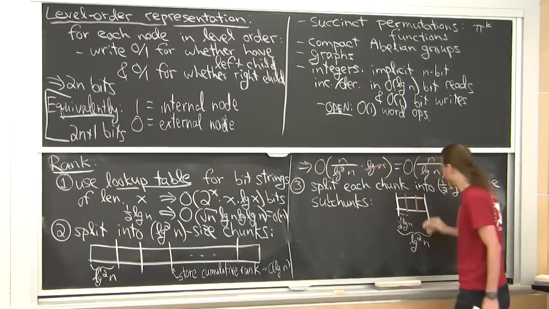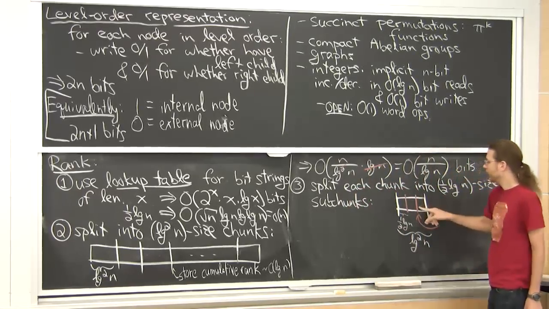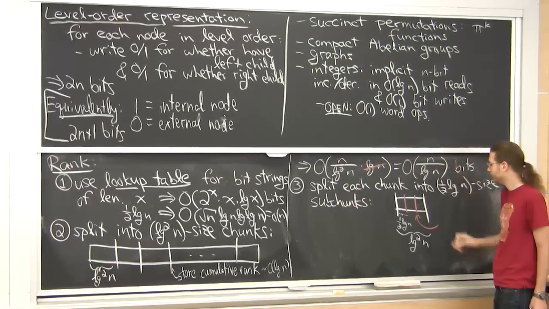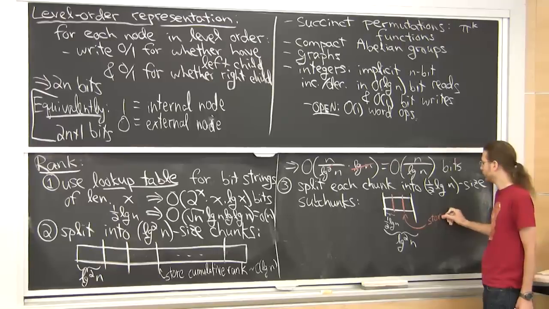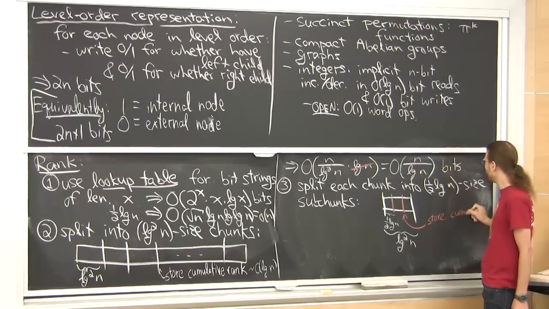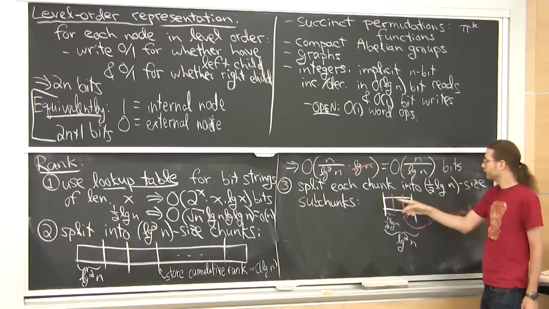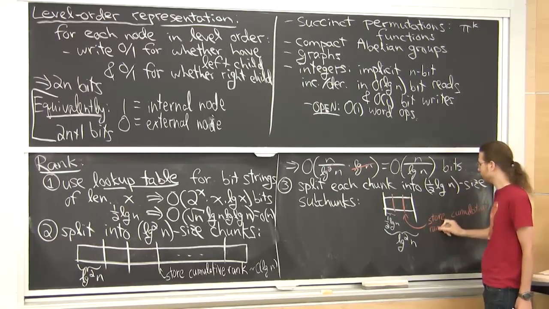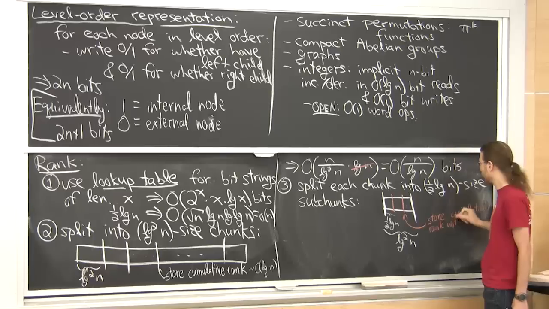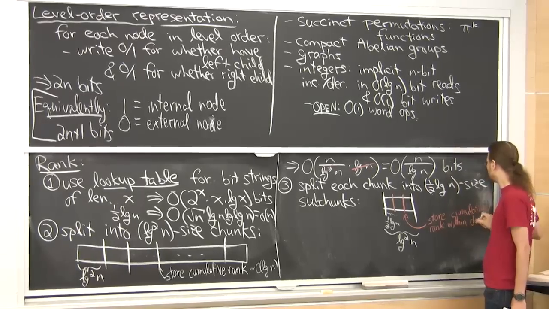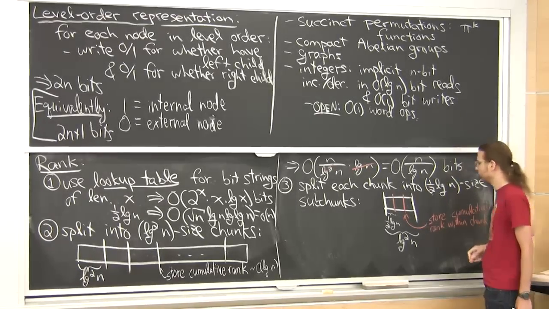Well, what I want to do at each of these red vertical bars is store the cumulative rank, but not the overall cumulative rank. I only need the cumulative rank within the overall chunk, not relative to the entire array.